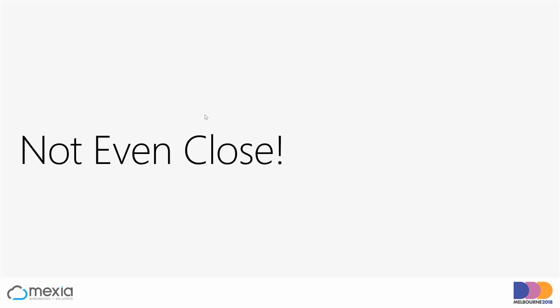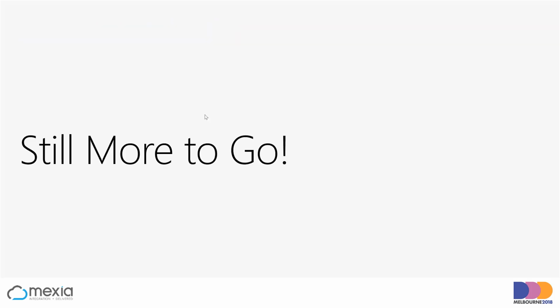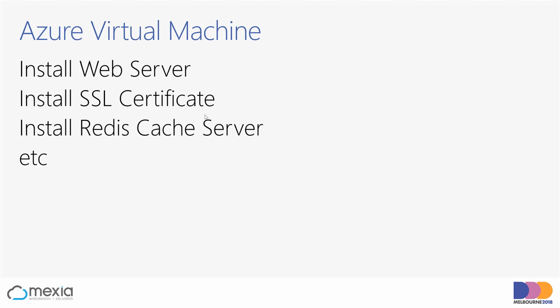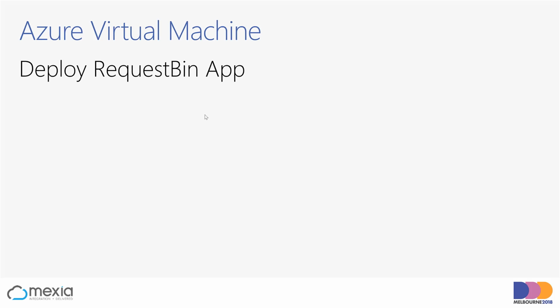Once we deploy all of them, we are still not even close, right? We need to install a web server, we need to install an SSL certificate, we need to install the Redis cache server. But we still need to do something more, which means we need to deploy the RequestBin application, right?